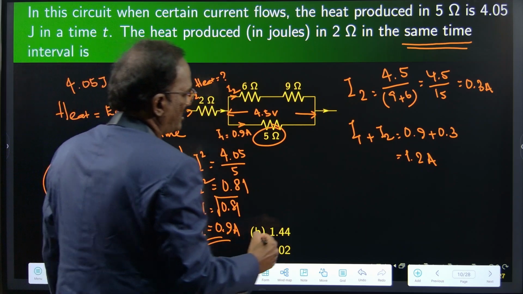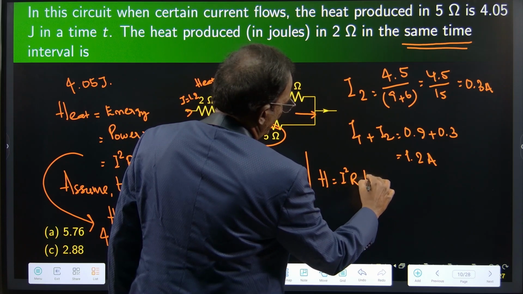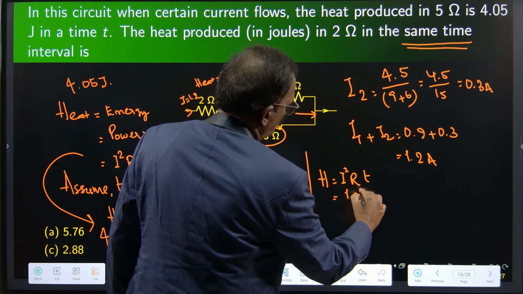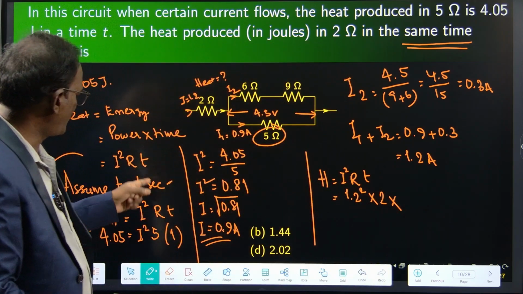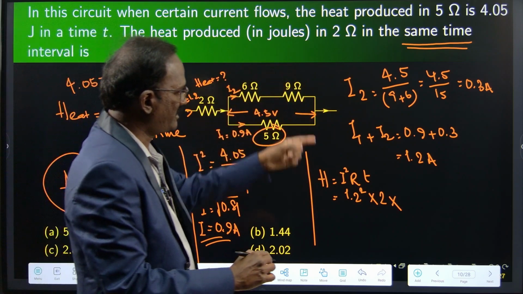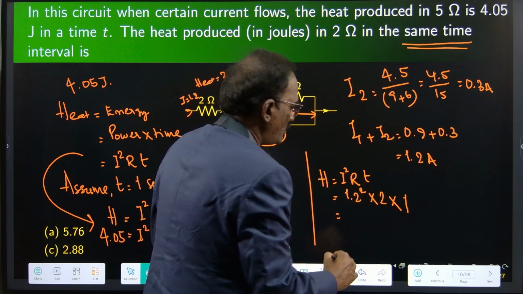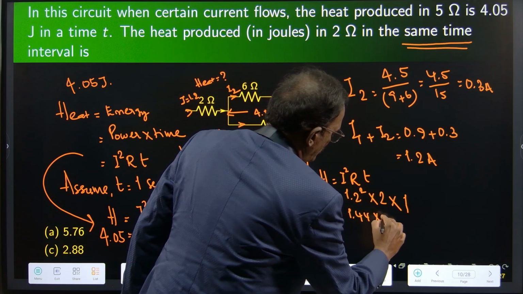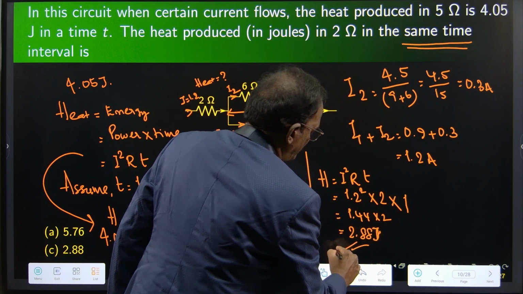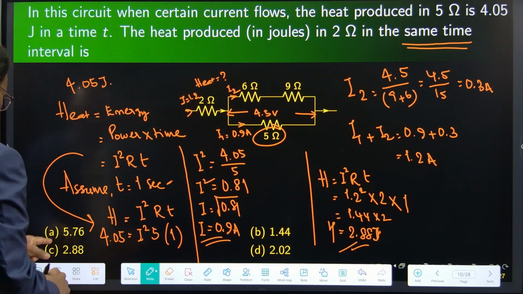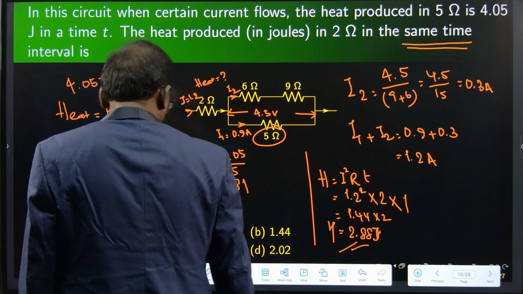Then heat is equal to I square R into T. I square is 1.2 square, R value is 2 ohms, and T we have already assumed for this case as 1 second, the same time interval. 1.44 into 2 is 2.88 joules. 2.88 joules is the answer.